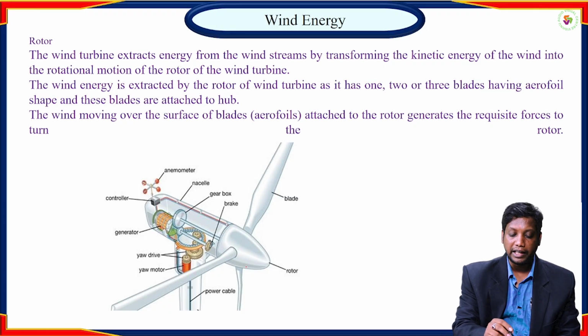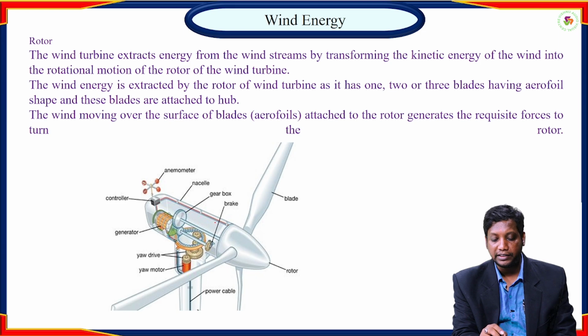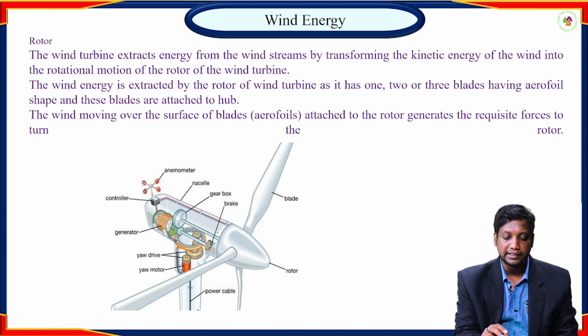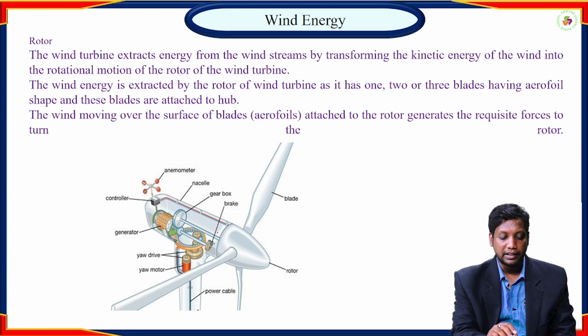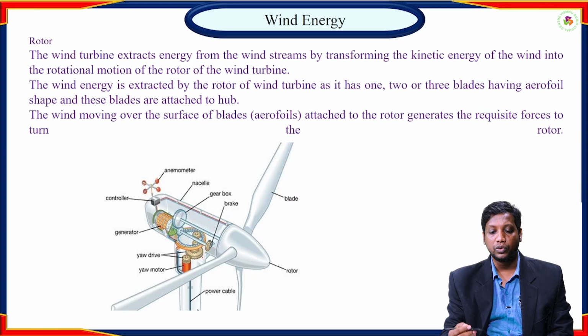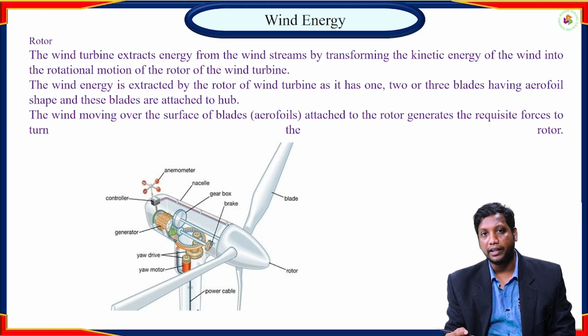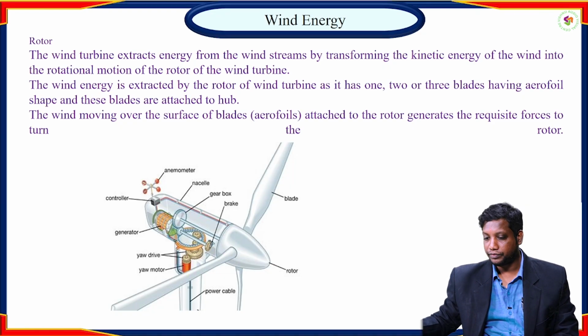And it is attached to the gearbox. And with the gearbox we have various things: brake system, nacelle, anemometer, controller, power generator, and then yaw drive and yaw motor. These are the things associated with the gearbox. So these are the things we can consider while establishing the windmill. And this is the brief overview about the windmill.